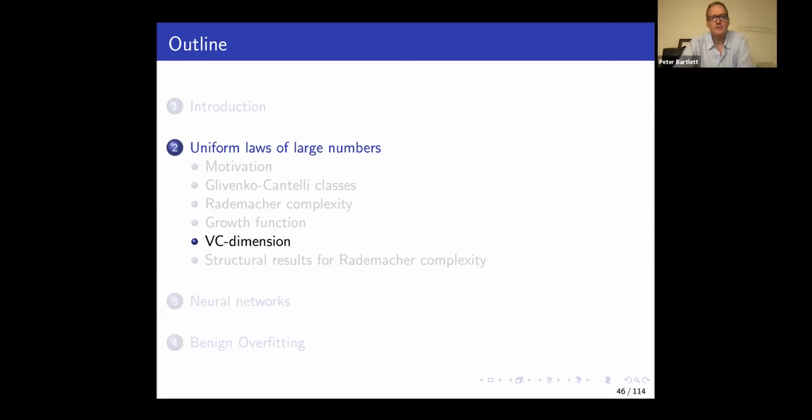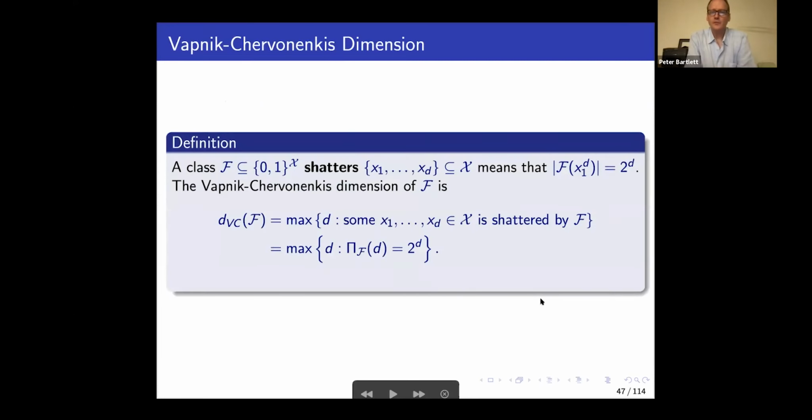We've seen that we can bound it in terms of the growth function. The growth function, it turns out, for binary valued function classes is very closely related to the VC dimension, the Vapnik-Chervonenkis dimension. So let's quickly take a look at that.